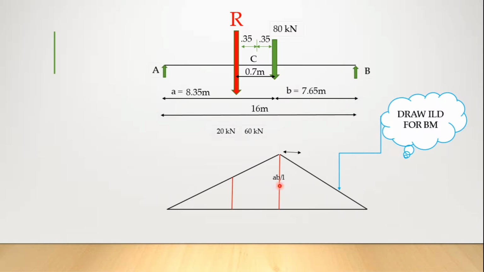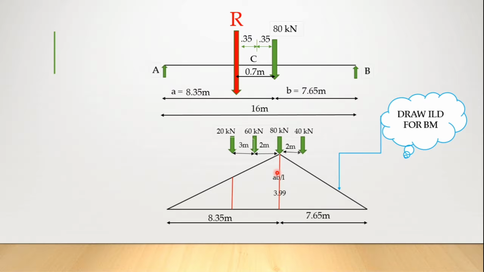For that we need to know a and b. a is 8.35, b is 7.65, divided by L. The magnitude of this ordinate is ab by L. By solving it, we get 3.99. So at this point we have to place the load, followed by the other loads. At this point we have to place 80 kilonewton.